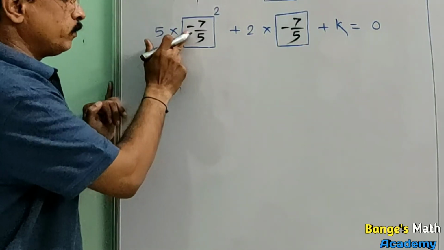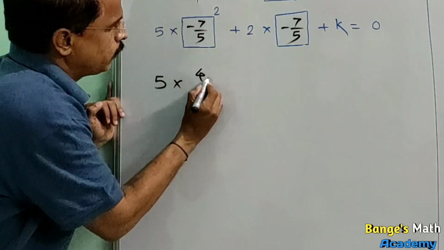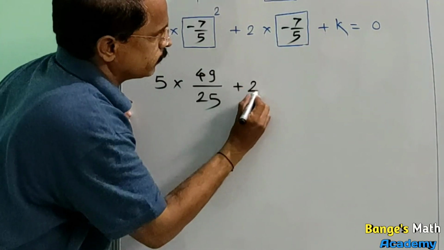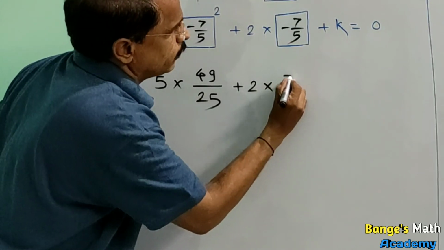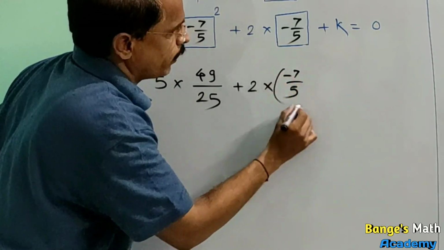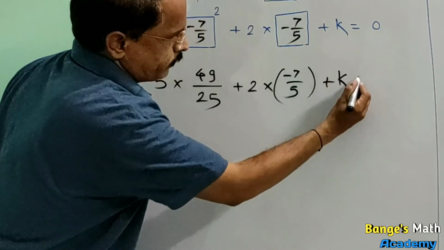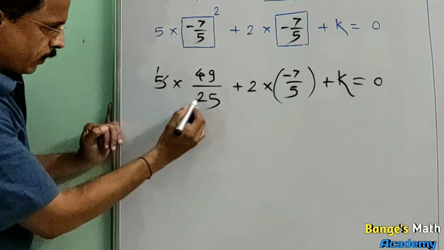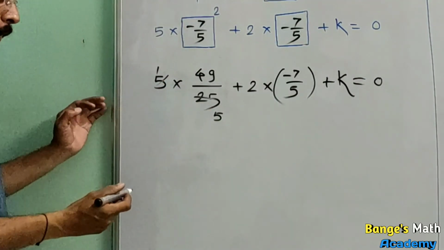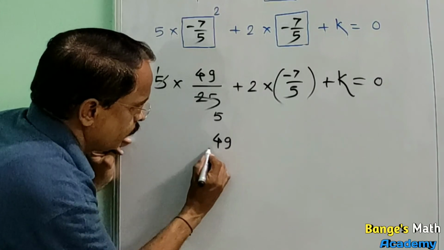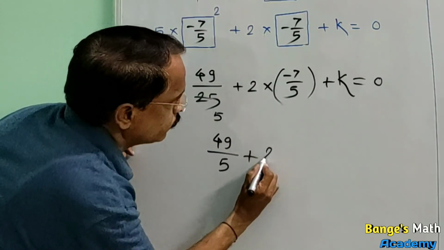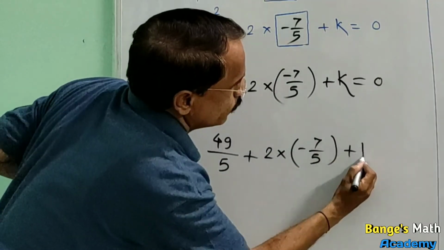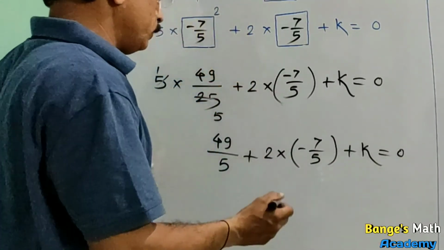So square of minus 7 upon 5 is 49 upon 25, plus 2 into minus 7 upon 5, plus k is equal to 0. By cancelling, 5 5s are 25. 49 upon 5 plus 2 into minus 7 upon 5 plus k is equal to 0.